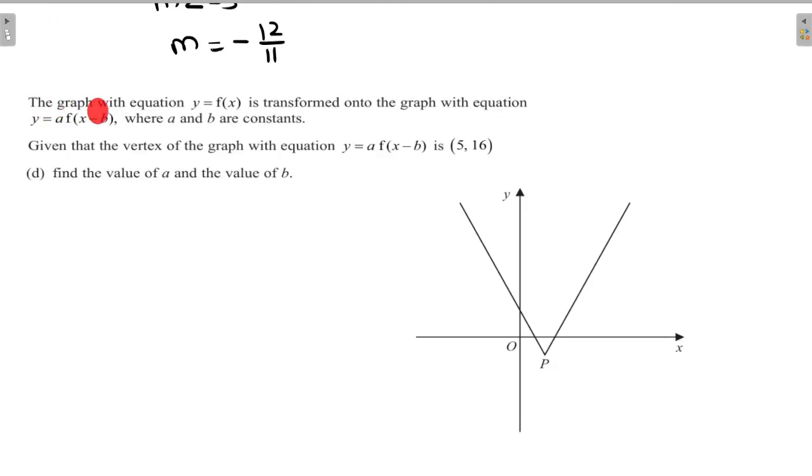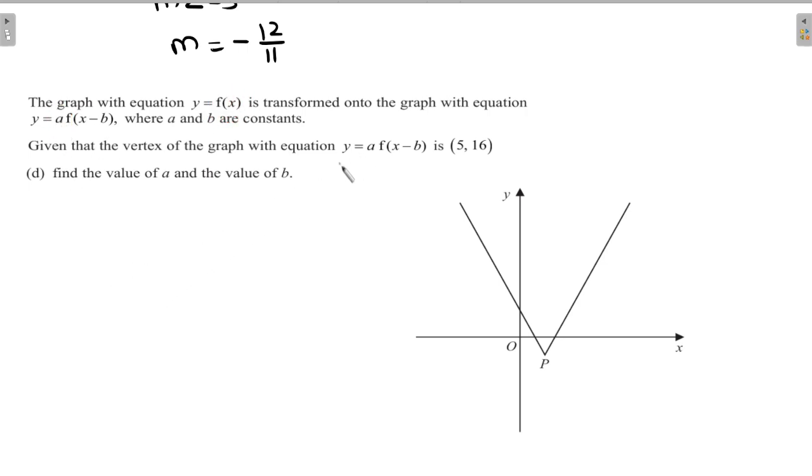The graph with equation y equal to f of x is transformed onto the graph with the equation y equal to a into f of x minus b. So this equation is the transformation of the graph y equal to f of x. Here on the x coordinate something is added and the whole f of x is multiplied by a constant a.